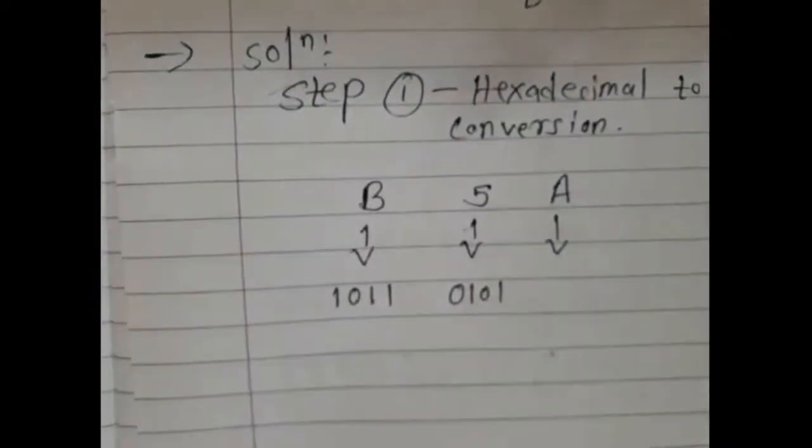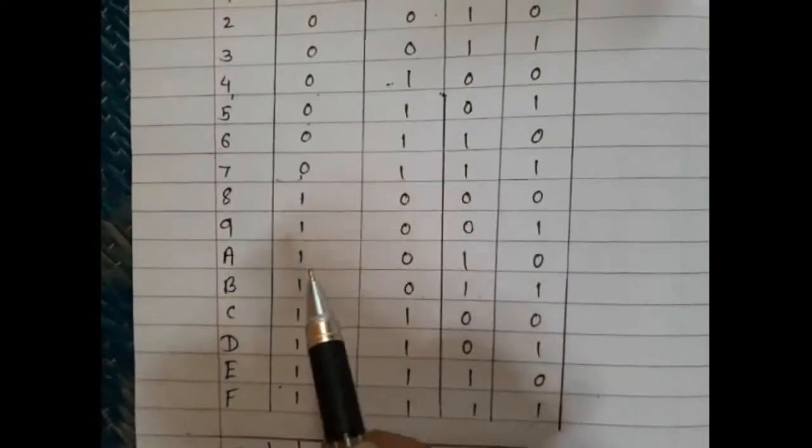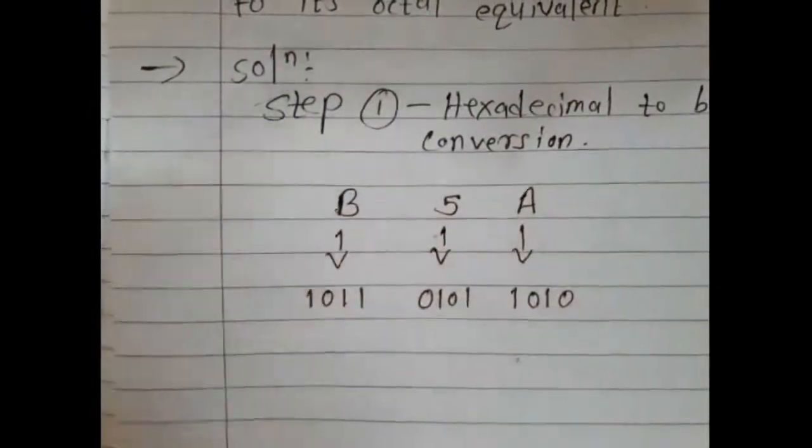It is the value of 5. And what is the value of A? A value is 1010. It is the value of A.